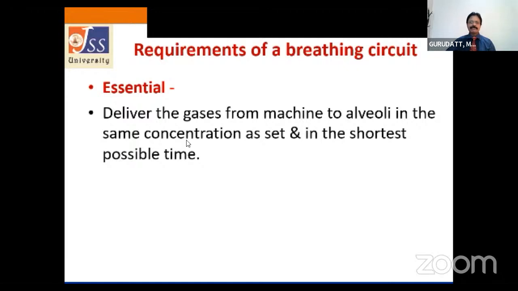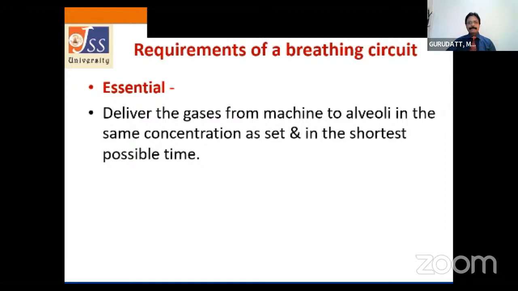This is very important, because whatever concentration we set at the vaporizer, the same concentration should reach the patient end of the endotracheal tube as early as possible, so that the concentration at the vaporizer and at the patient end equilibrate as fast as possible.